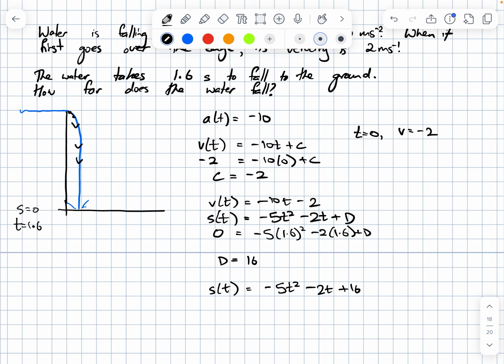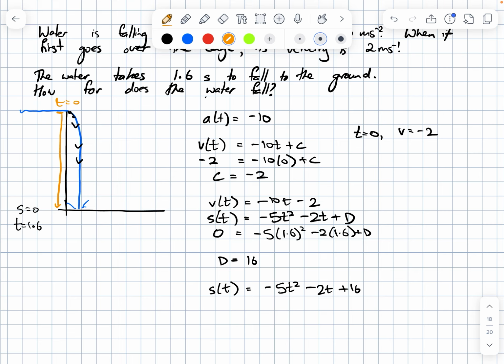Finally, how far does the water fall? Now, in terms of finding out how far the water falls, well, that will be the distance from t equals 0 to when it drops.